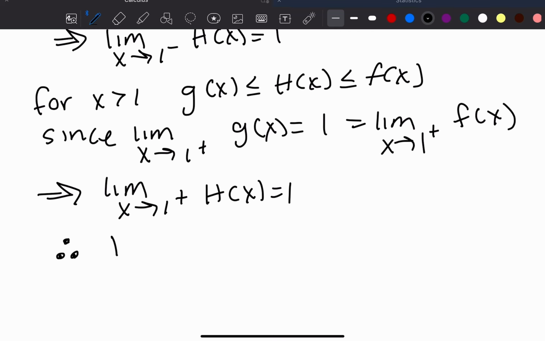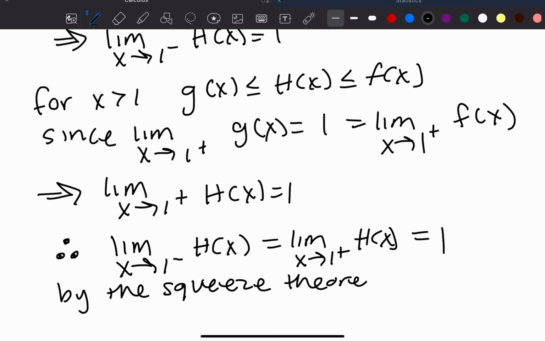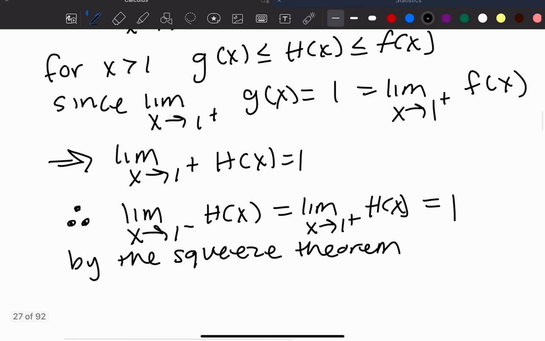Therefore, the limit as x approaches 1 from the left side of h of x is equal to the limit as x approaches 1 from the right side of h of x, the same value 1, by the squeeze theorem. The limit as x approaches 1 of h of x is equal to 1.